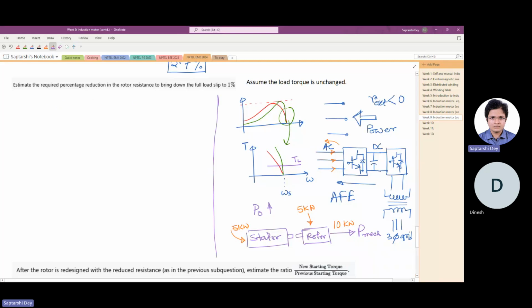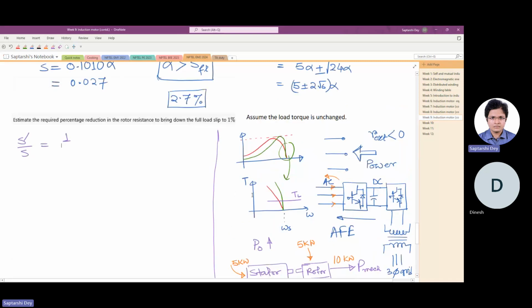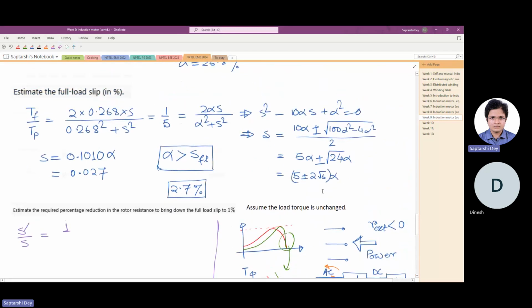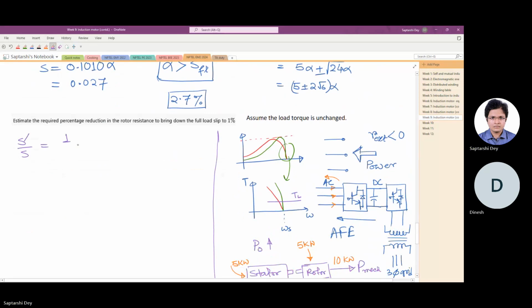Estimate required percentage reduction in the rotor resistance to bring down the full load slip to 1%. So S primed is 1% and S is 2.7%.